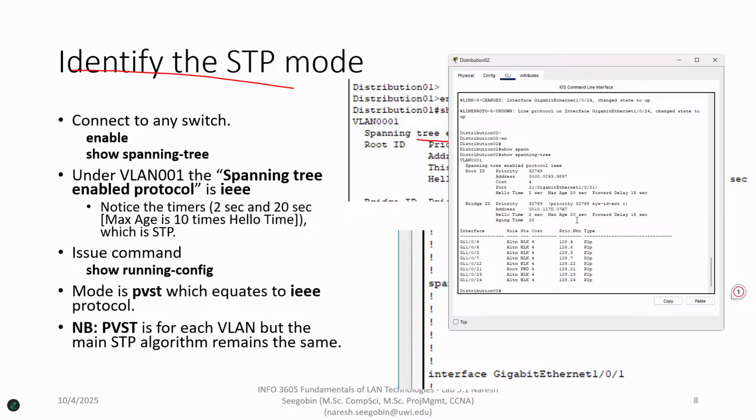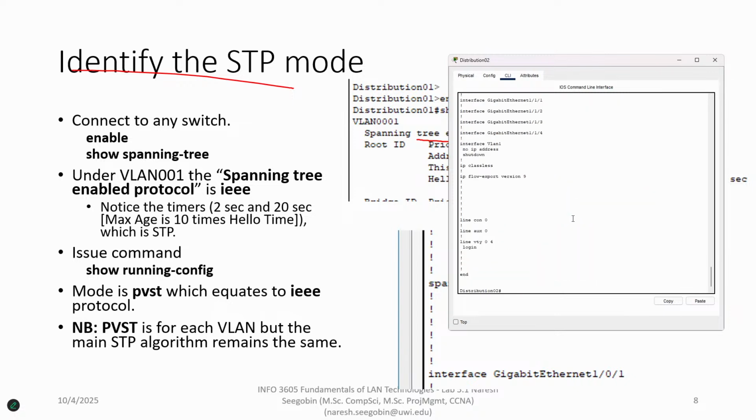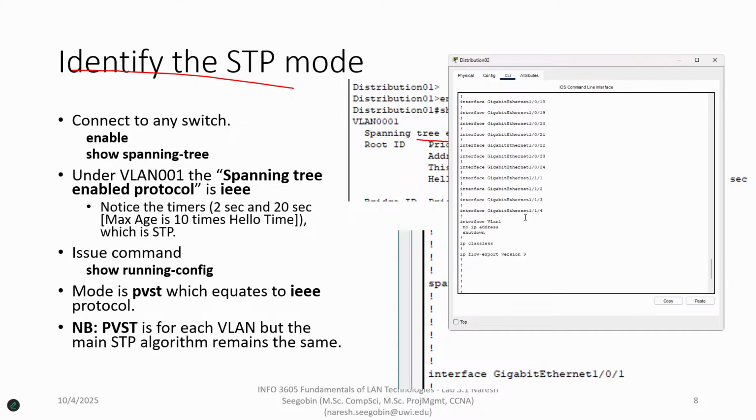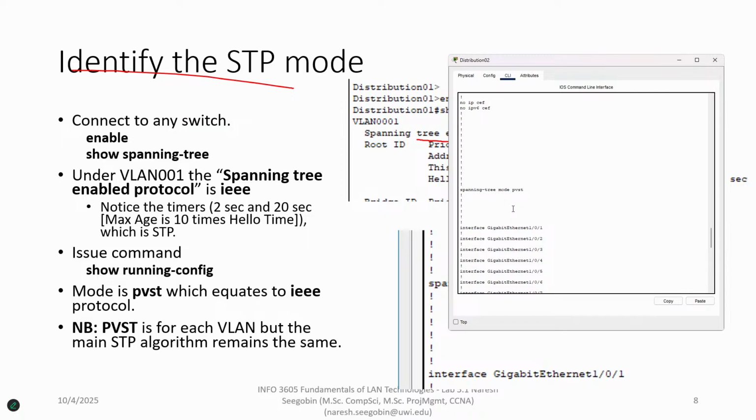Right, now we're going to issue show running-config. What we're looking for is anything with spanning tree. Spanning tree mode PVST. Spanning tree is for each VLAN, so PVST. They call it per VLAN spanning tree protocol, but the main STP algorithm is the same.